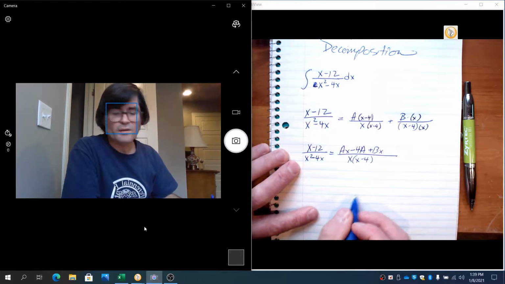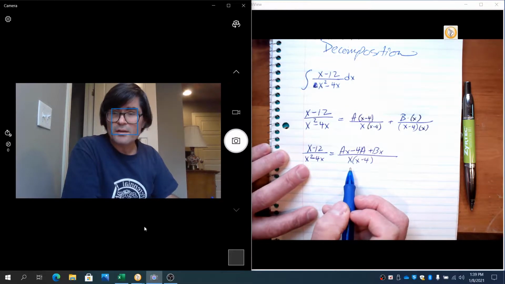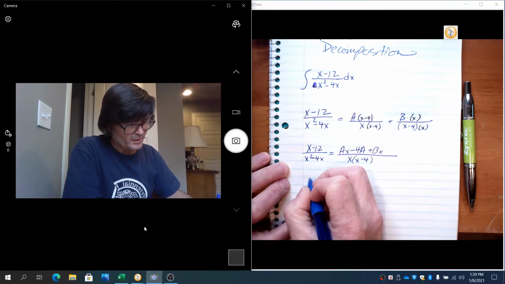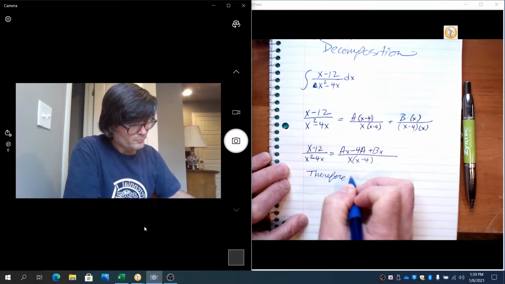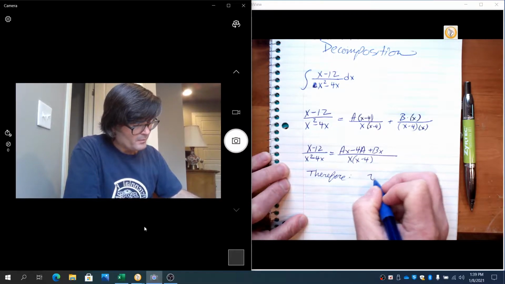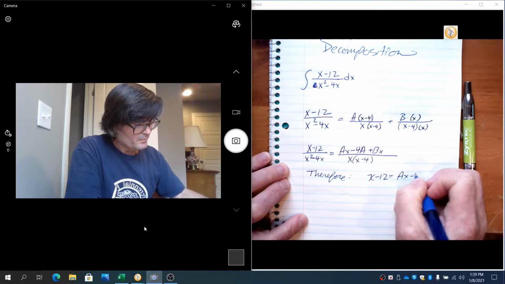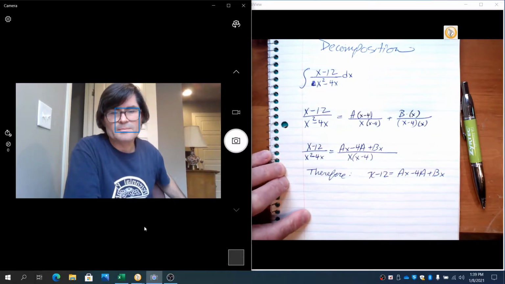So we've got two fractions and they're equal to each other. If the bottoms are equal to each other, then the tops also must be equal to each other. So therefore, x minus 12 equals ax minus 4a plus bx.